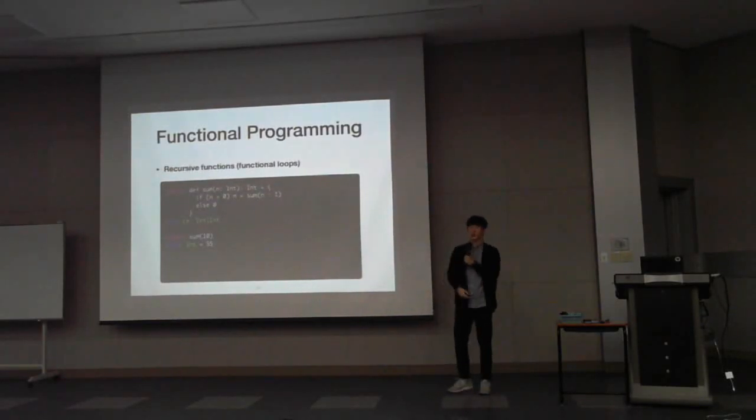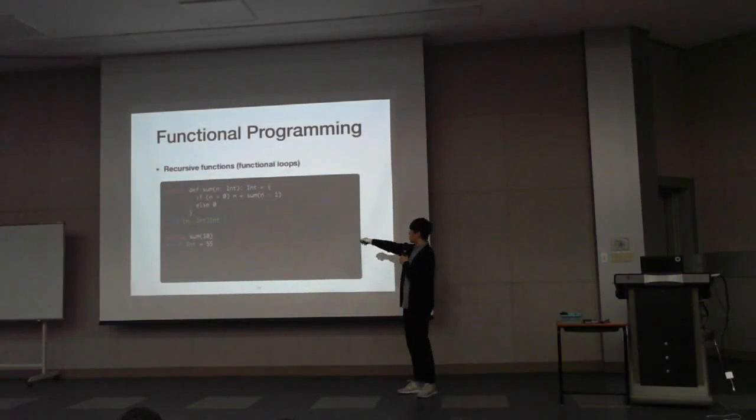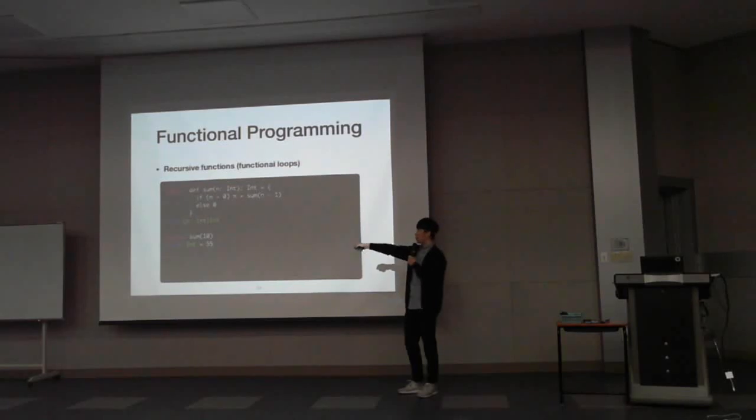And also you can define a recursive function. So we can call this functional loops. So we can define the summation function like that. So if n is greater than 0, n plus summation of n minus 1, then that's the definition of summation. So if we push the argument 10 into n, then n is greater than 0, then 10 plus summation 9.